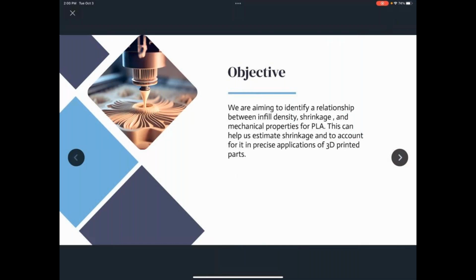For example, due to the popularity of 3D printing right now in many applications such as manufacturing, and even dental and medical fields, this is a very important research for the mechanical property as well as the densities.